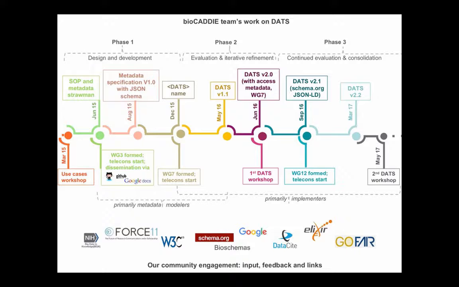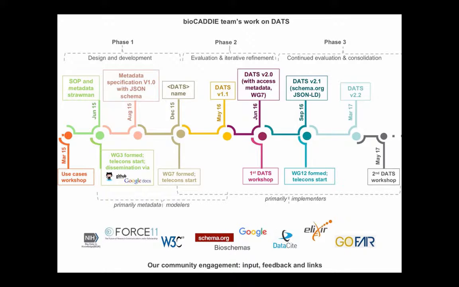This is a kind of overview of the timeline from the moment we started about 2 years ago now in March 2015, when the first use case workshops were carried out, until now, basically in May 2017, with the latest release of the BioCADDIE DATS model 2.2, which incorporated a number of feedback that we received during the BioCADDIE CDE meeting in Bethesda earlier this year.